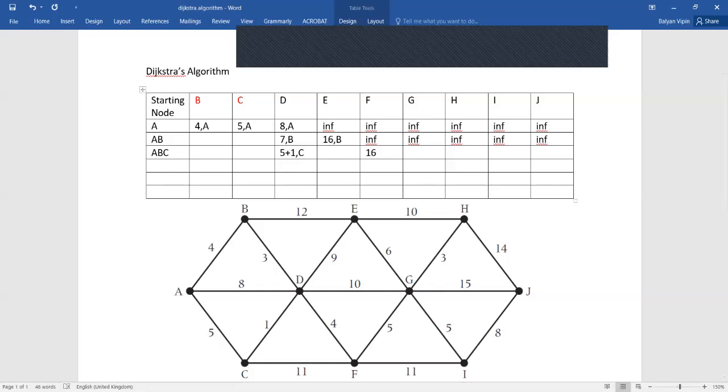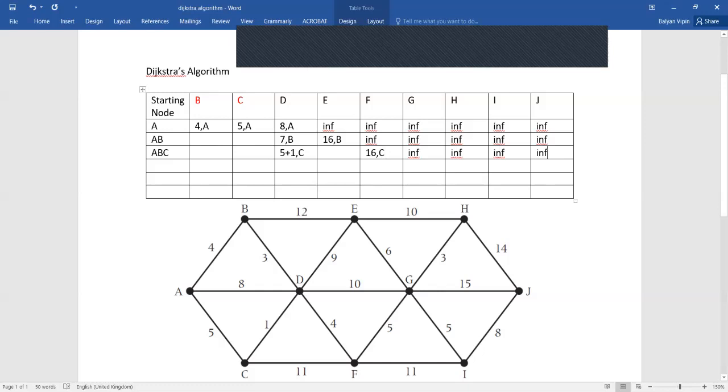So it's 16, comma, what's the root? C. There's no other node which is connected to C now. So they remain same. INF, I'm telling again, it's infinite, means the root is not discoverable yet.